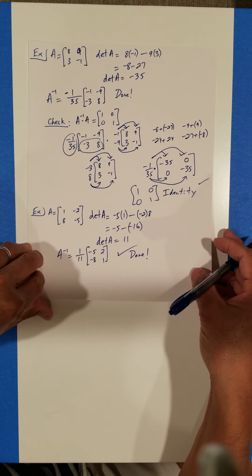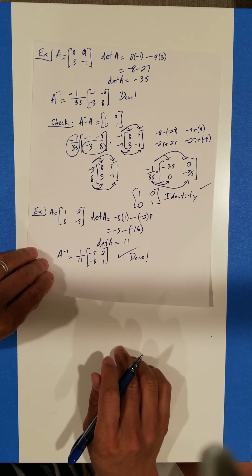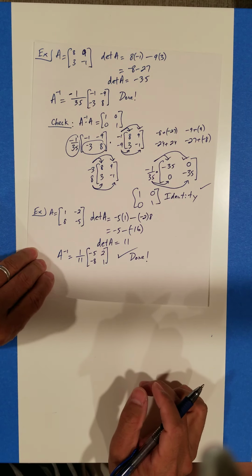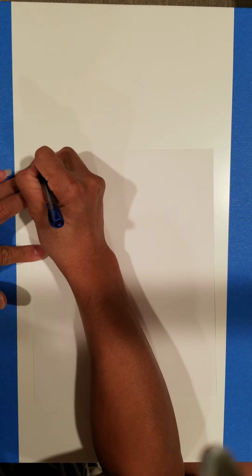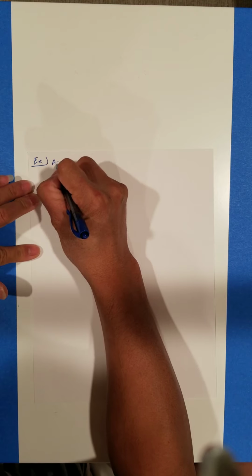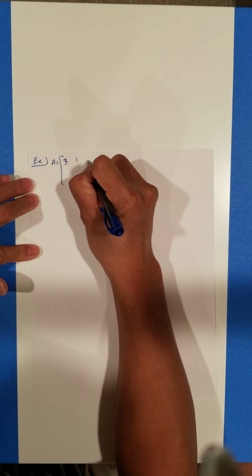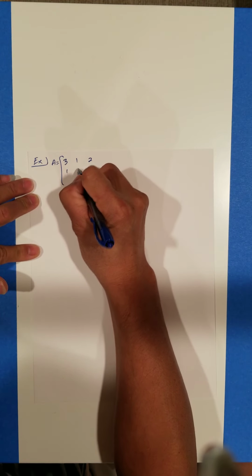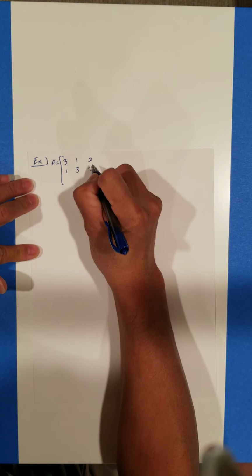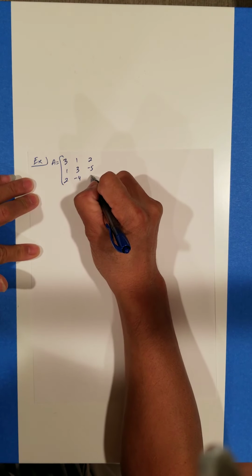Okay, so now I'm going to show you how to find the inverse of a 3 by 3. So let's do that one. Let's say, for example, I have matrix A. Matrix A is this guy, 3, 1, 2, 1, 3, -5, 2, -4, and 7.